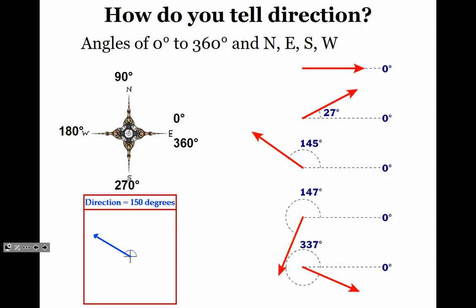If you look at that compass, this is what you're going to need to write down. We have north, which represents the 90 degrees angle. West represents 180 degrees. South represents 270 degrees, while east represents two angles, 0 degrees and 360 degrees, depending whether you're above east or below east.